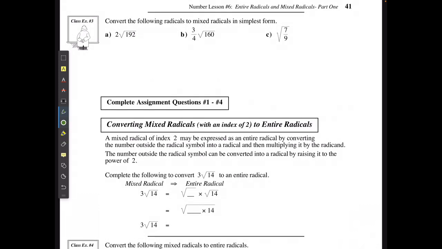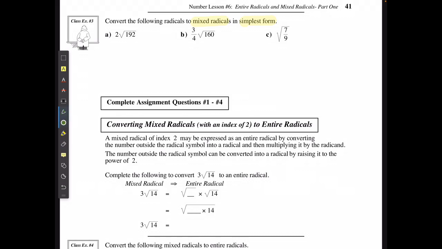The other thing to be careful of is if it says convert it to a mixed radical in the simplest form, but it already has a coefficient, you still need to account for the coefficient on the outside. It doesn't make sense to multiply that coefficient in and then try and pull it out again. So I'm just going to leave that as a coefficient on the outside when I'm simplifying.